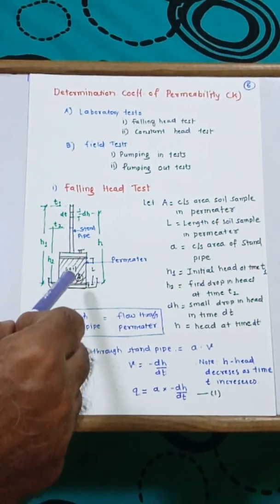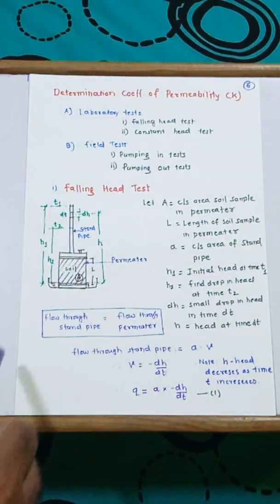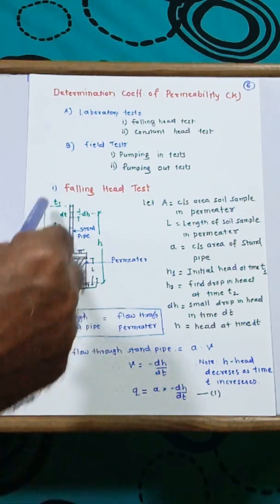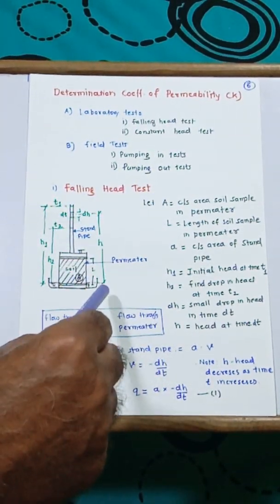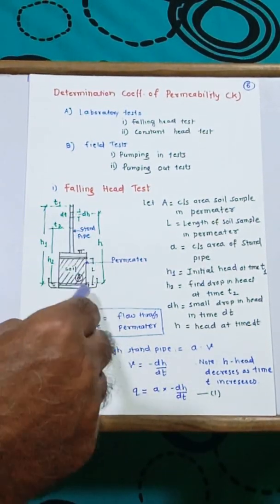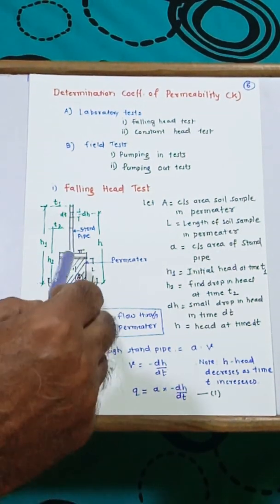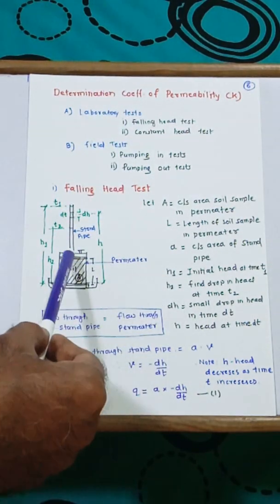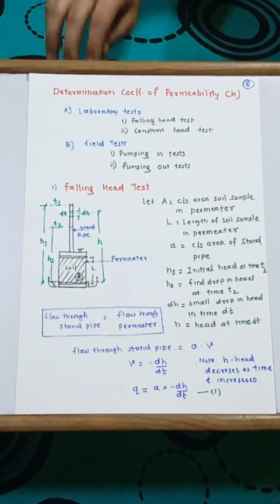After filling this, first the sample is saturated. This air vent which is shown here is open, and the water is passed through the sample for sufficient time for the soil to get fully saturated, then we can start the test. The top is connected with a stand pipe, a small glass pipe.